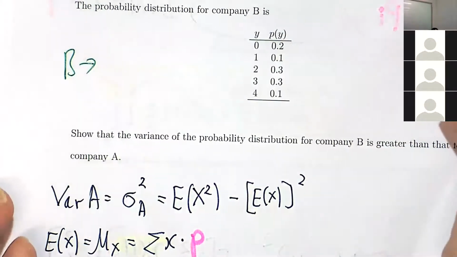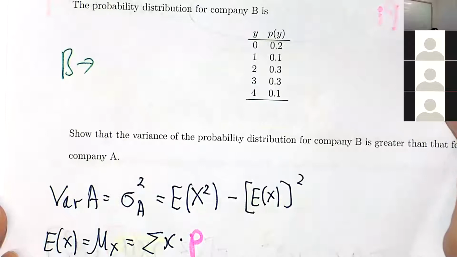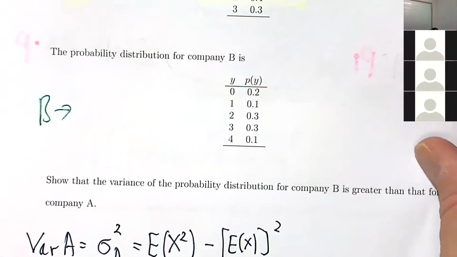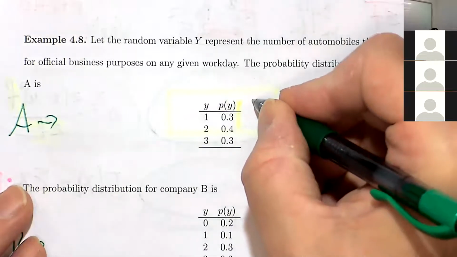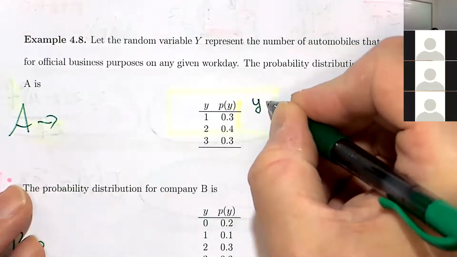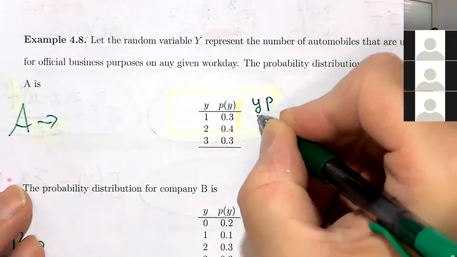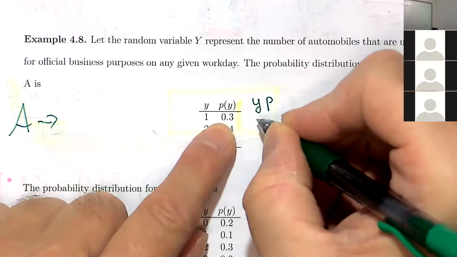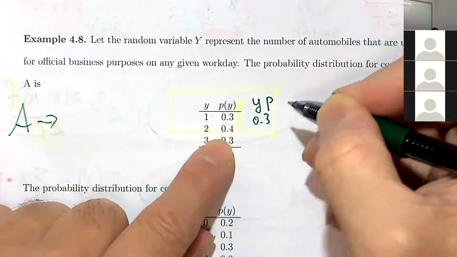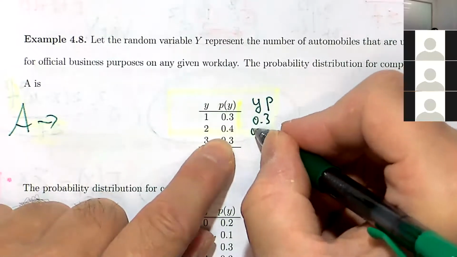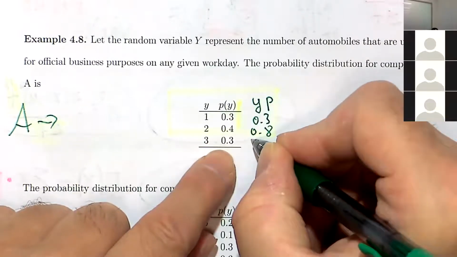So in this particular case, it is easy to find expected value. What you have to do is nothing else but to add a new column. So 1 times 0.3 is 0.3. 2 times 0.4, 0.8, and finally 0.9.